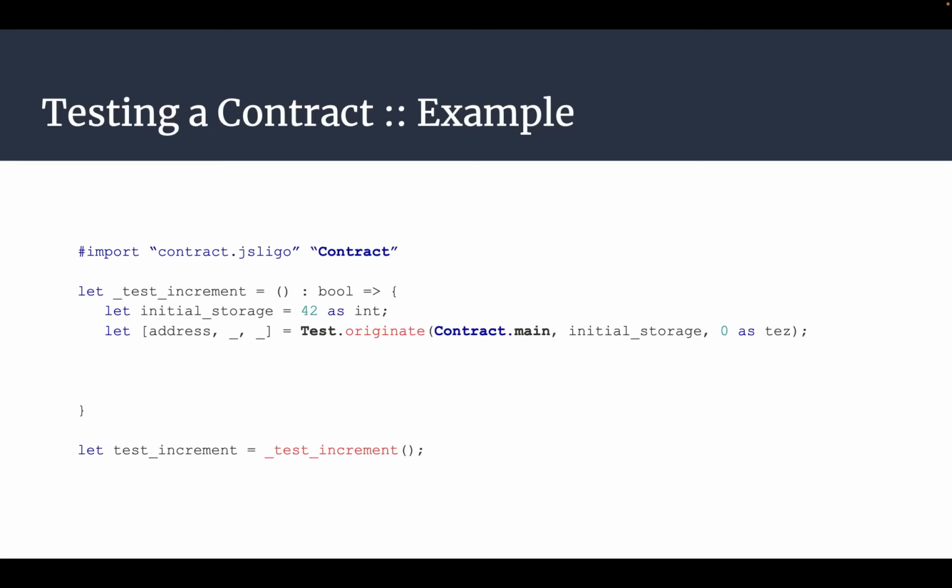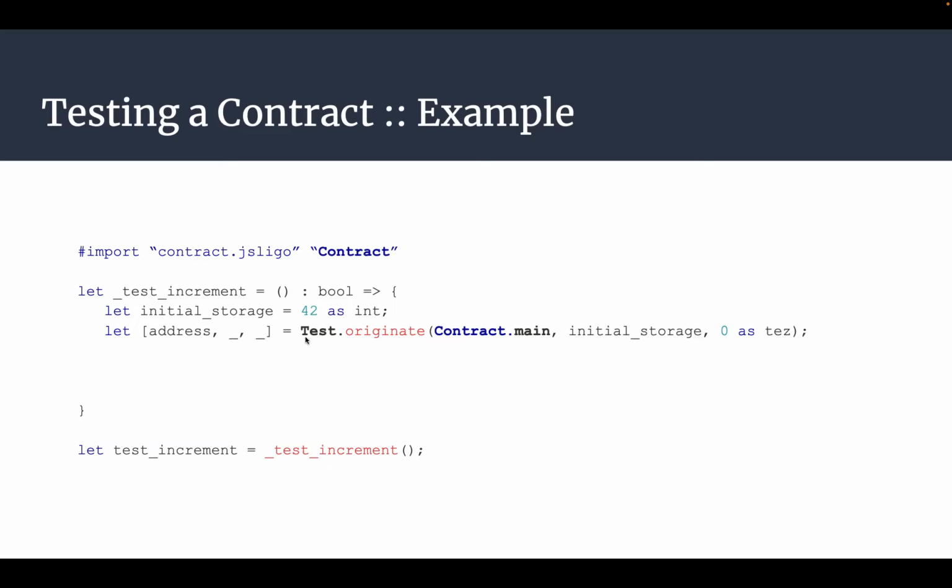So if you remember, we can have a contract.jsligo with a main action, and we link it to the contract namespace. Then after, we can create an initial storage. Here we are just implementing one test for the previous contract with the increment, decrement, and reset, if you remember.